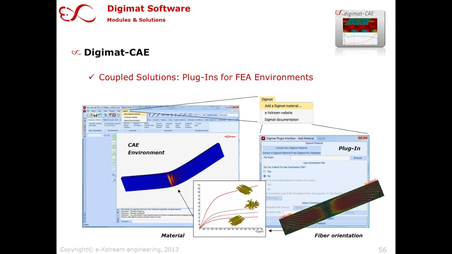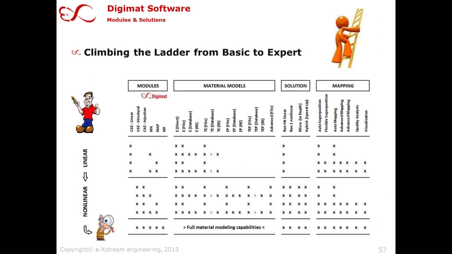So a plugin is used so that the FEA engineer doesn't have to leave his most beloved CAE environment. So the plugin can call Digimat directly. It leads you through the overall process of building a coupled analysis very easily. We just recently incorporated Marc Mentat in this overall approach. So this is available.